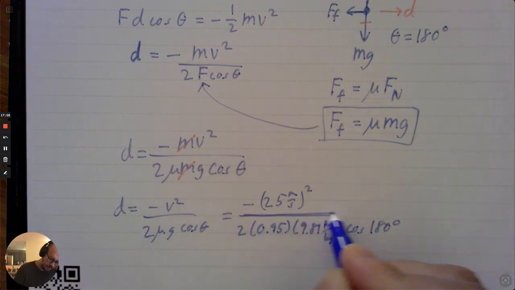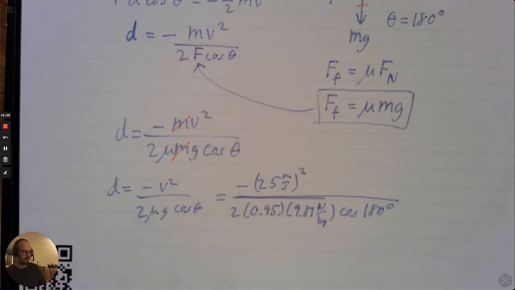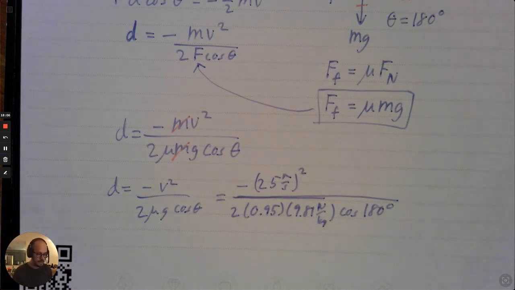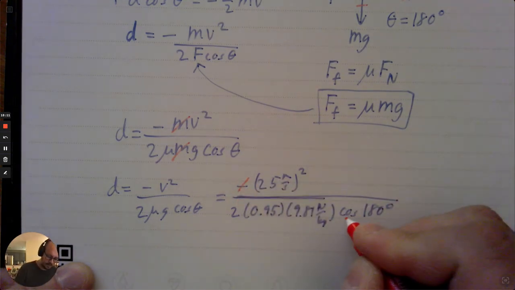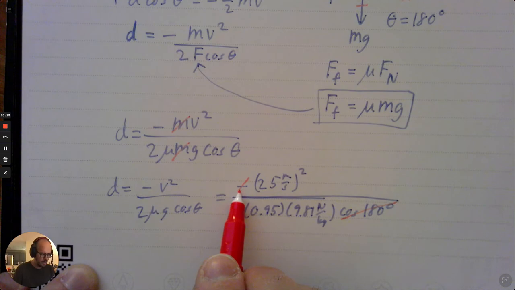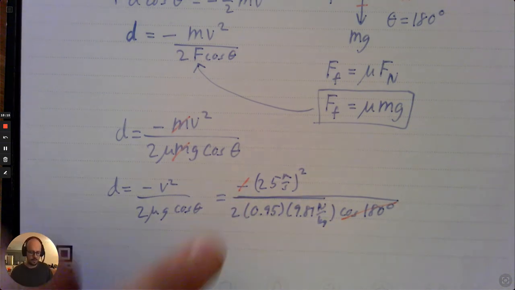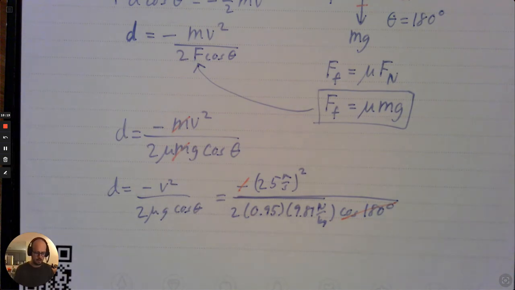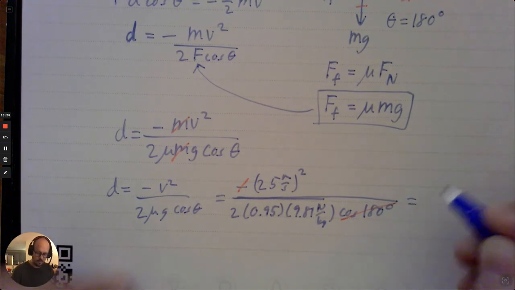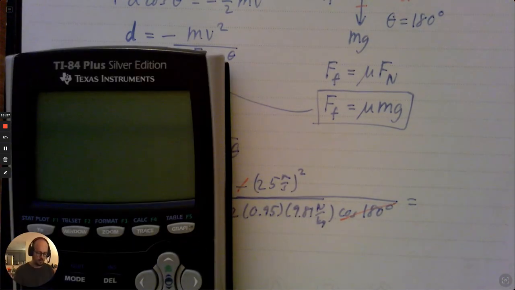Now, you can do the cosine of 180 separately, and what's essentially going to happen is the cosine of 180 is equal to negative 1, and so you can cancel the cosine 180 and cancel the negative. In other words, you have negative on the top, cosine 180 makes it negative on the bottom, and so you are going to get a positive displacement, which is very good because the car is moving forward.